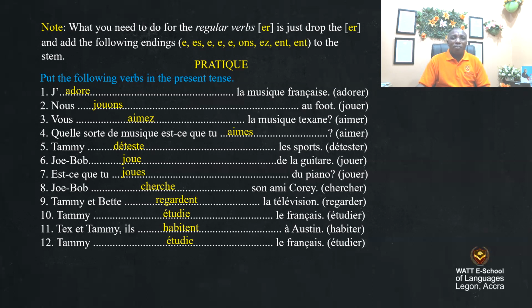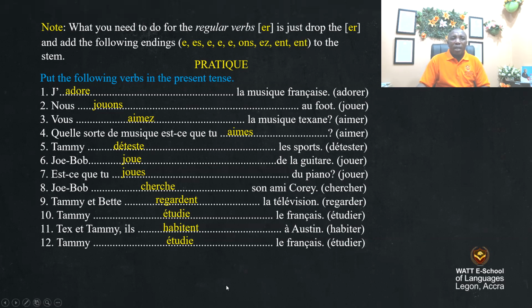But when the verb is like manger, make sure when you reach nous, you add an E before the O and S. If it is a verb like commencer, which has the C before the ER, on the nous, make sure you bring the cedilla instead of the C. If not, you get the sound K.